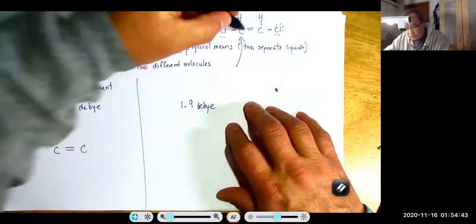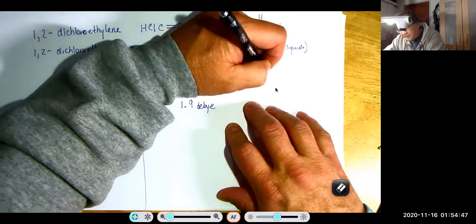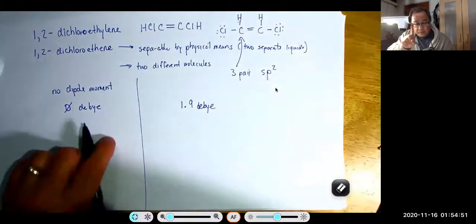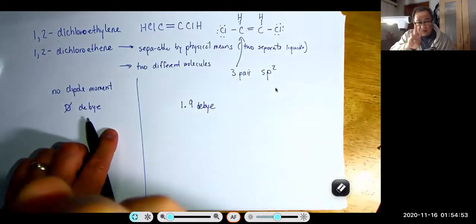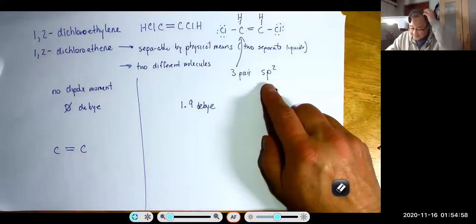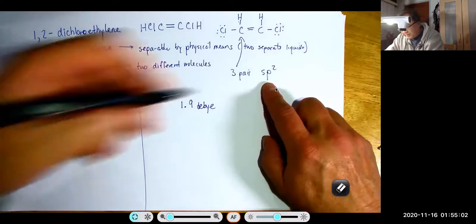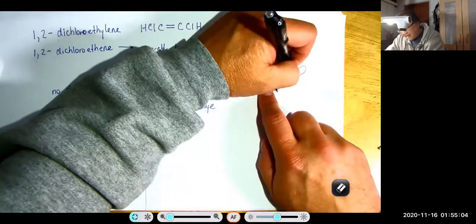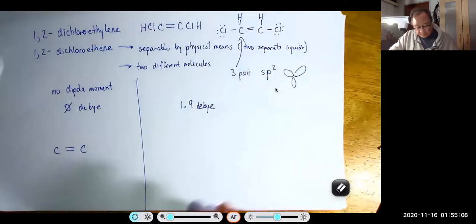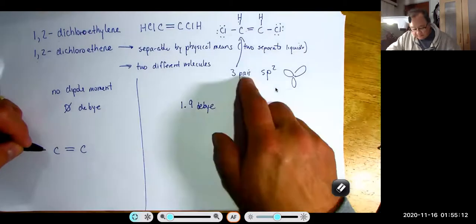How can we draw this two ways where you have a permanent dipole in one and no dipole in the other? Now here, how many pairs on that carbon? 1, 2, 3. Three pairs means it's sp2 hybridized: s, one pair, p, two pair, three pair. And how do sp2 hybridized orbitals arrange themselves? Like that. So here, I'm going to draw these so that they're trigonal planar, if you will.